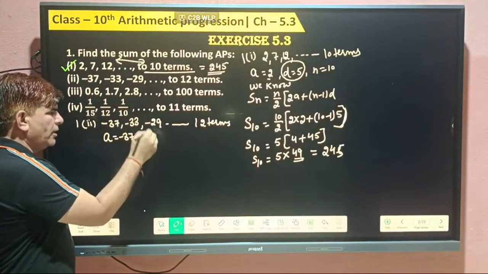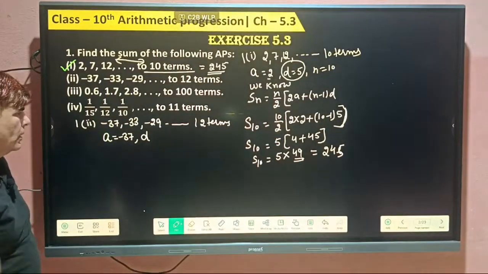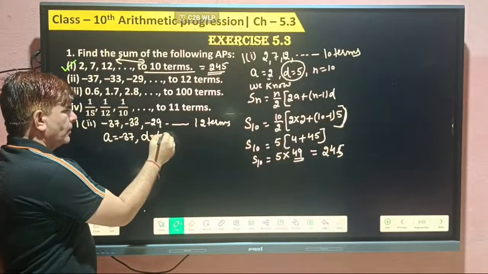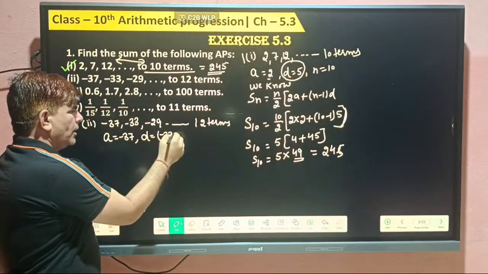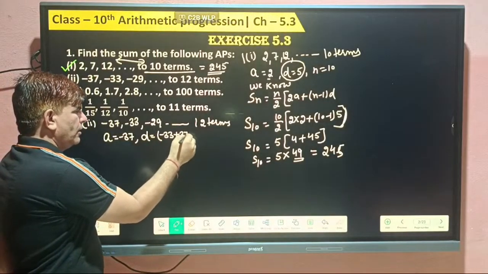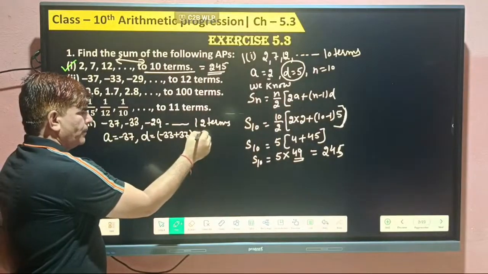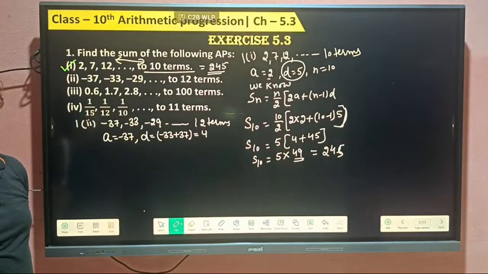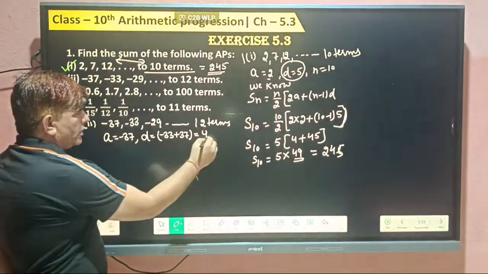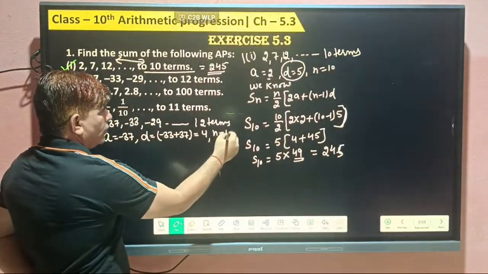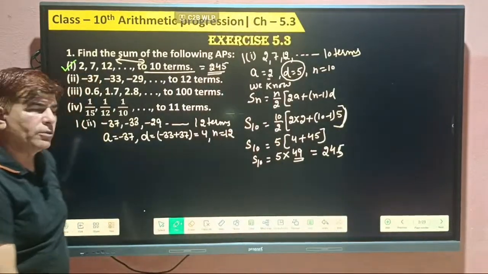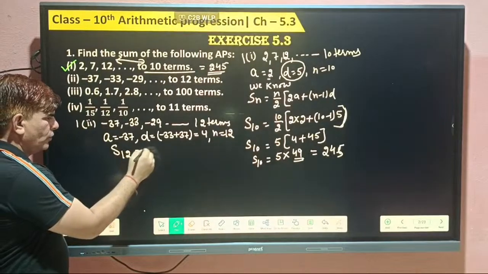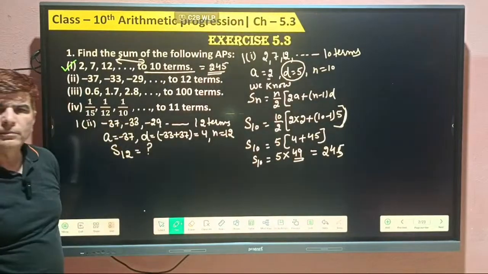What is d here? d equals minus 33 minus minus 37, that is plus 37, which is 4. So d equals 4. Then n equals 12. We have to find S12.